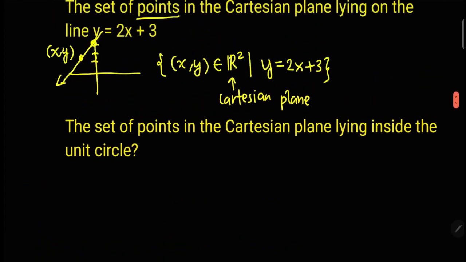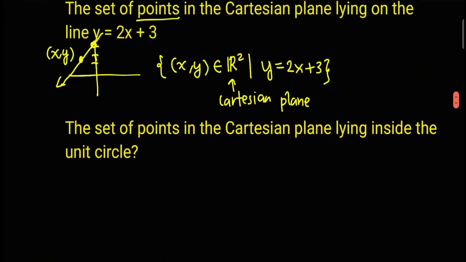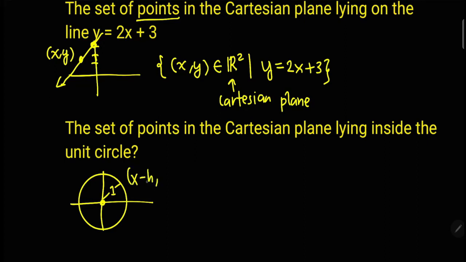The set of points in the Cartesian plane lying on the unit circle. The unit circle can be illustrated by a circle whose center is the origin and whose radius is 1. We all know that the formula of the circle is given by (x minus h) squared plus (y minus k) squared equals r squared, where (h, k) is the center. So if it's the unit circle, then the center is (0, 0).